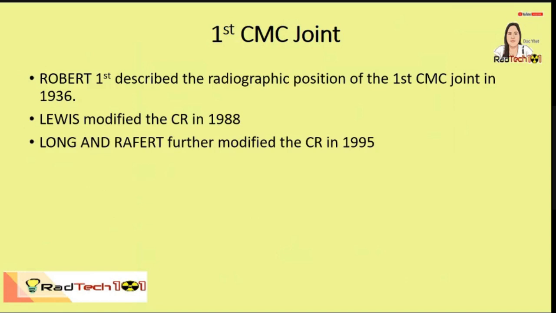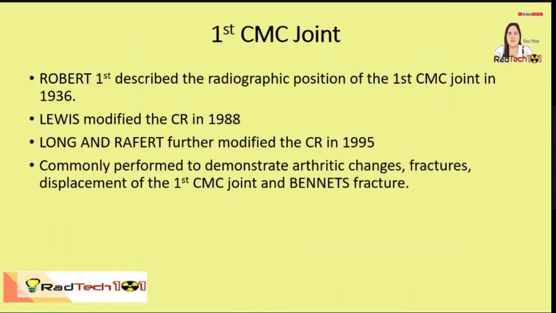Then, Long and Raffert further modified it in 1995. So, nag-iiba ang examination sa first CMC joint, nag-iiba sa central ray. This is commonly performed to demonstrate arthritic changes, fractures, displacement, or dislocation of the first CMC joint as well as the Bennett's fracture.